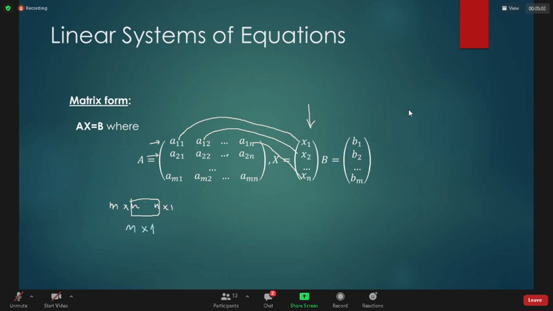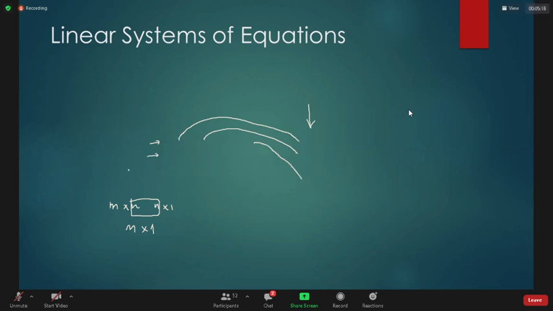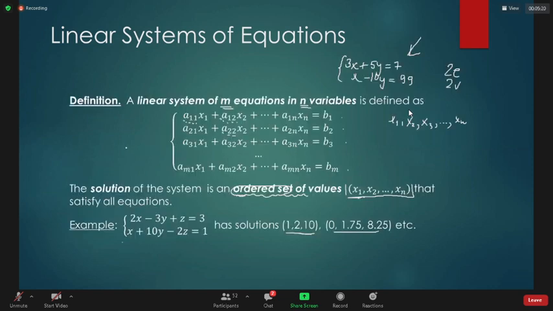In other words, if I multiply these elements, the first row of A and the one and only column of X, then in principle I get the left-hand side of my equation. If I go back, I get the left-hand side of the first equation.